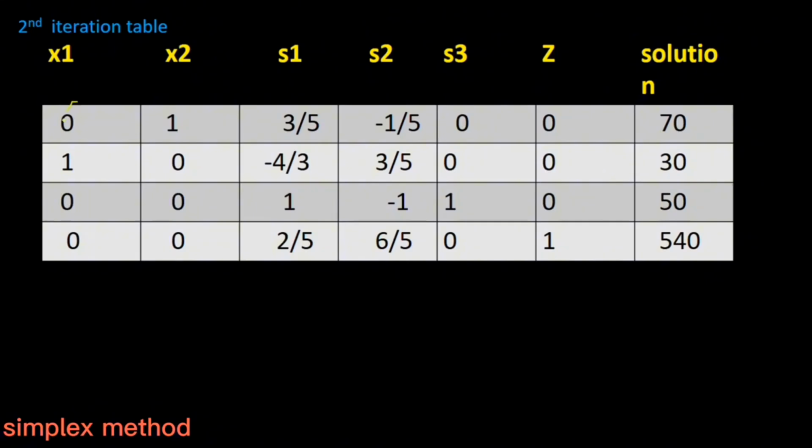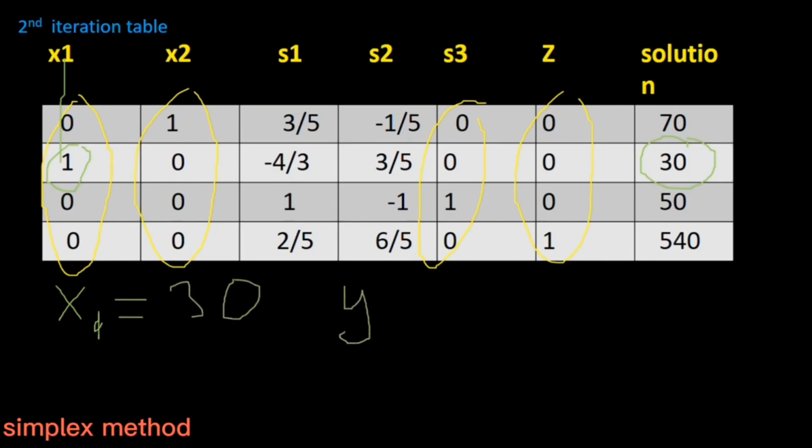Now this is a basis, this is a basis, this is a basis, and here is a basis. From here we can directly conclude that, where there's 1, we equate it with this value: x1, that is x, is equal to 30. x2, that is y, is equal to what?